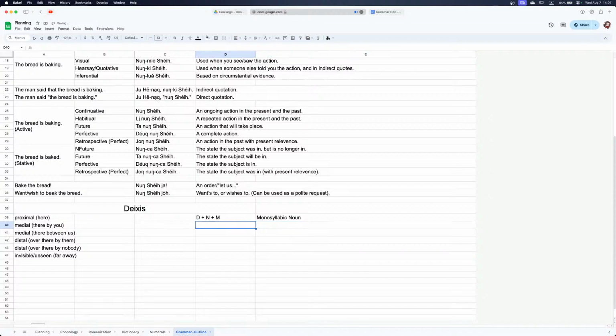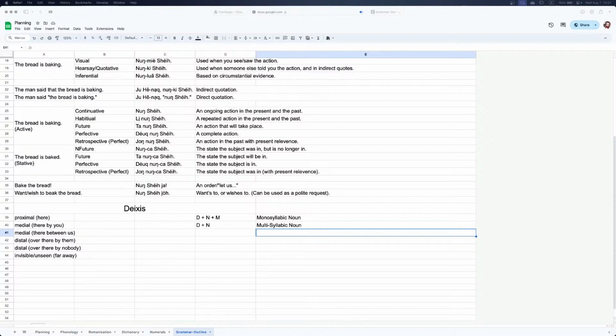So monosyllabic noun gets the measure word, and then D plus N just straight up for a multisyllabic noun. I don't know how natural that is, but I don't particularly care about naturalism.